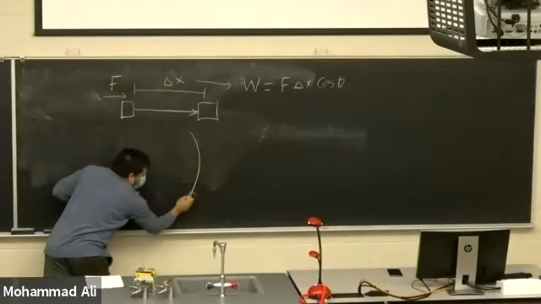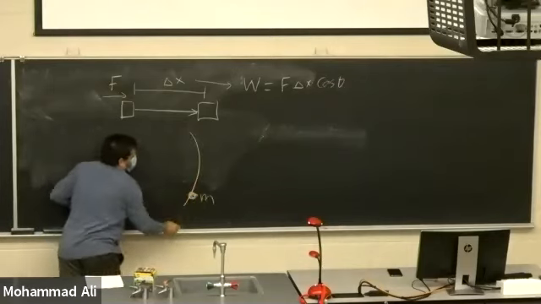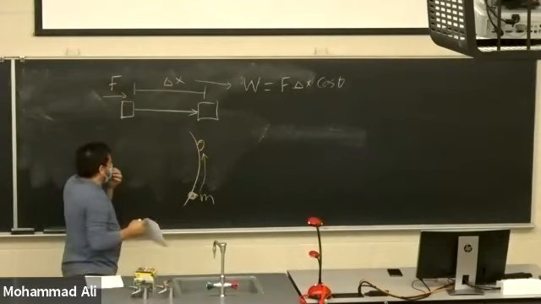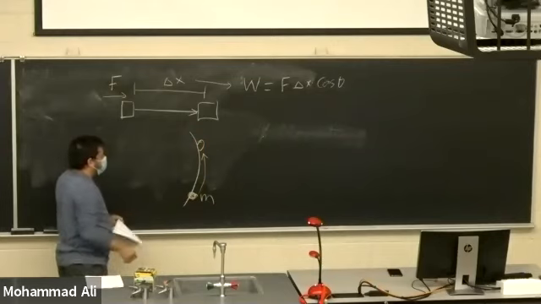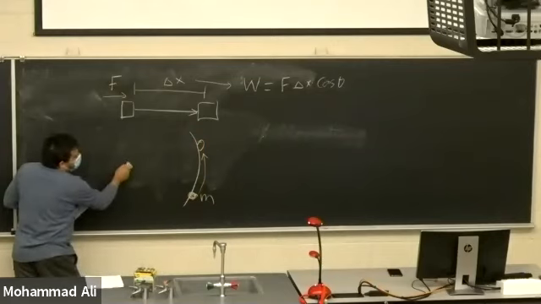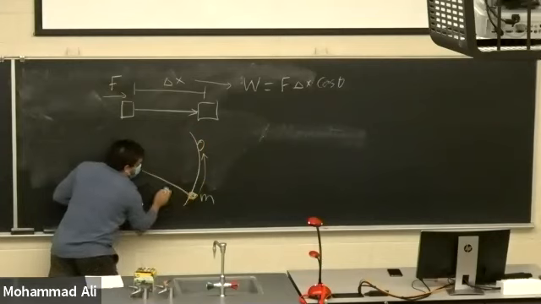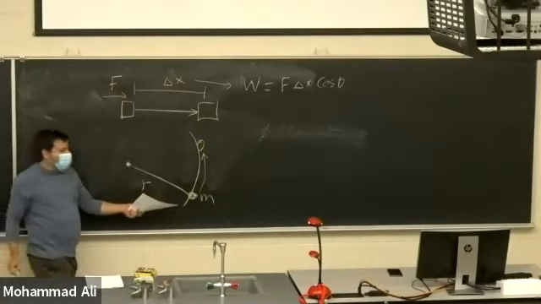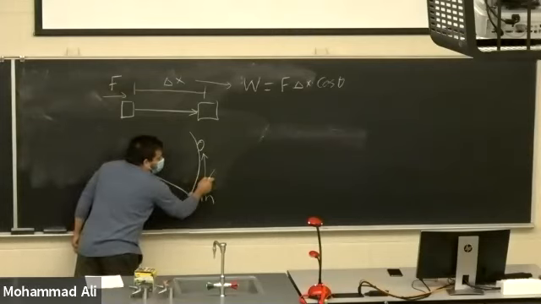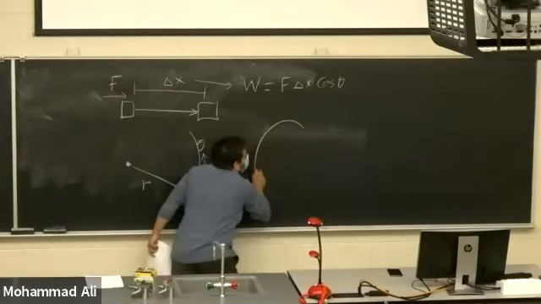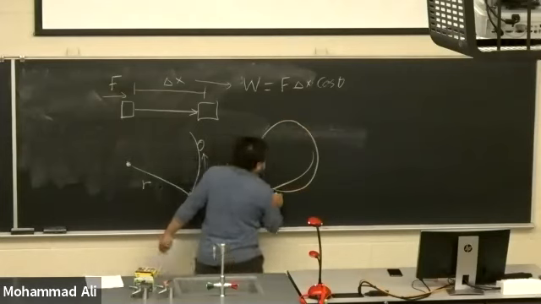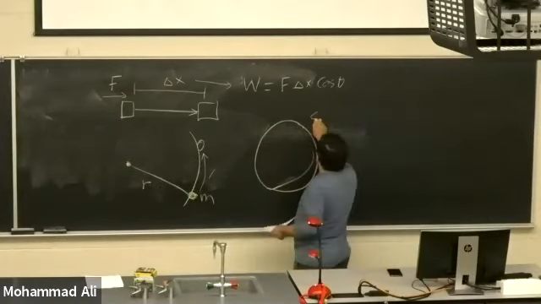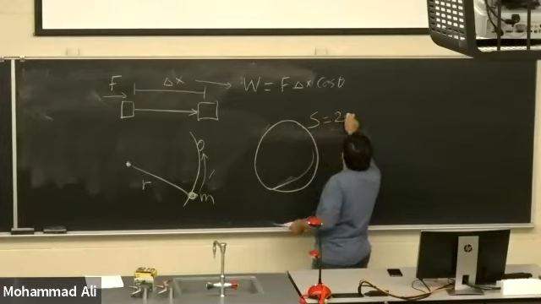If we have a rotational motion, and we have a mass, and this mass is moving, and we have a radius for this motion, which is r. The motion of this mass is, we know from before that the circumference of the circle is s equal to 2 pi r.